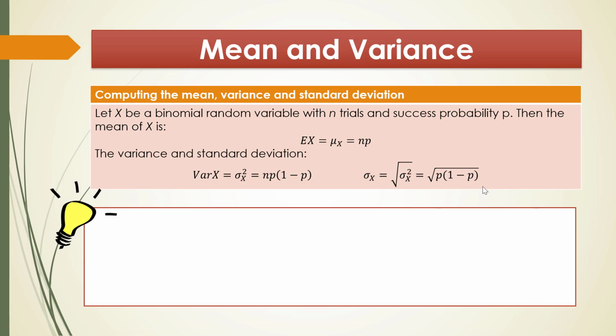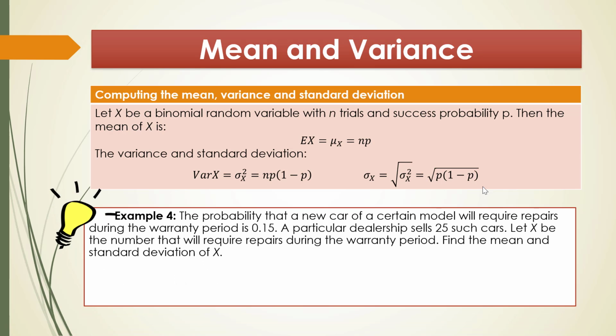Let's do one more practice. Example 4, the probability that a new car of a certain model will require repairs during a warranty period is 0.15. A particular dealership sells 25 such cars. Let X be the number that will require repairs during the warranty period.